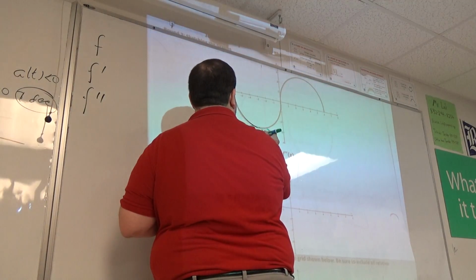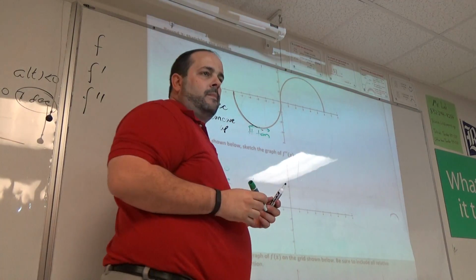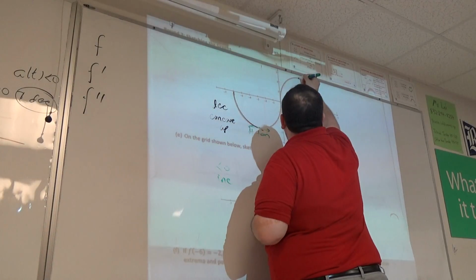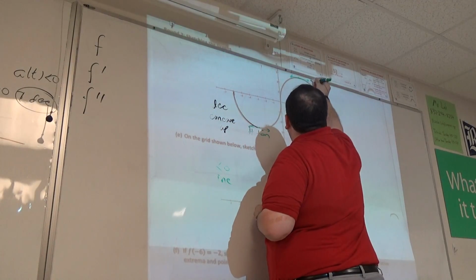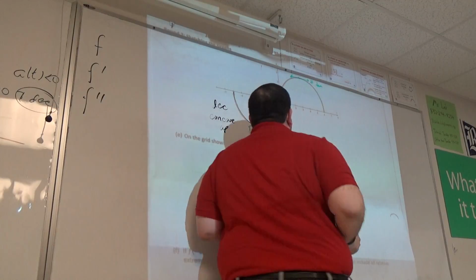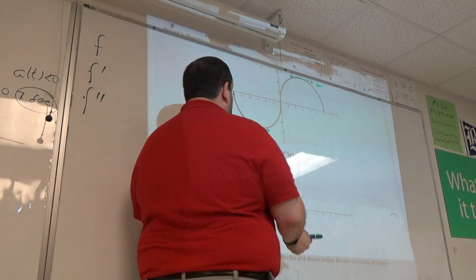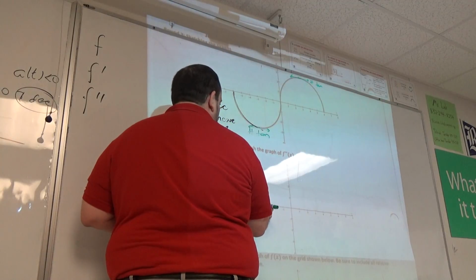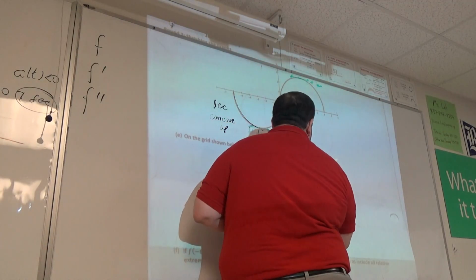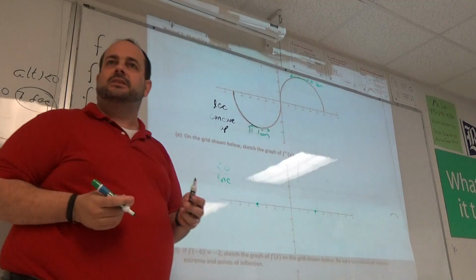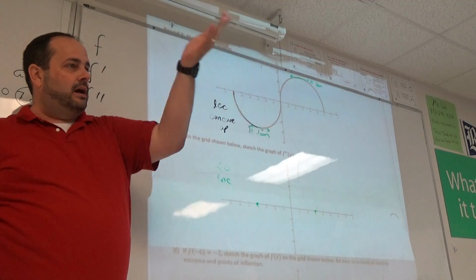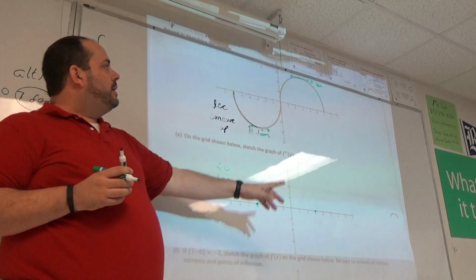Jennifer, why is that helpful? Why does that help you with F double prime? If this graph has a horizontal tangent line, then those are the roots. I have to have a root over here at -3, and I have to have a root over here at +3. So I've got a guide. Is that only true for F prime, not F double prime?